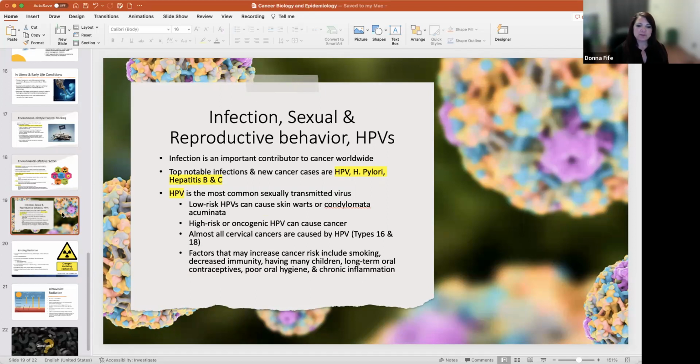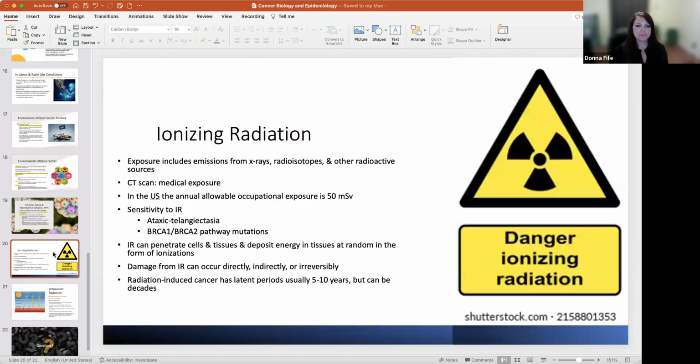Factors that may increase cancer risk include smoking, decreased immunity, having many children, long-term oral contraceptives, poor oral hygiene, and chronic inflammation. Ionizing radiation exposure includes emissions from X-rays, radioisotopes, and other radioactive sources.